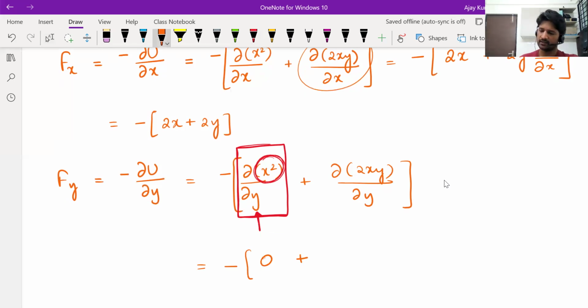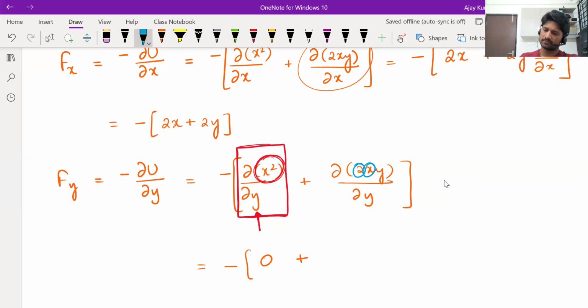Next, second term, you will have to differentiate 2xy with respect to y. The thing you are differentiating is 2xy. 2 is a constant anyway. And since you are doing partial derivative with respect to y, x will also be considered a constant. And what do you do with constants in differentiation? We put them outside the derivative.